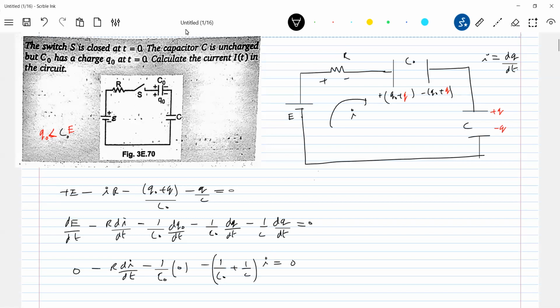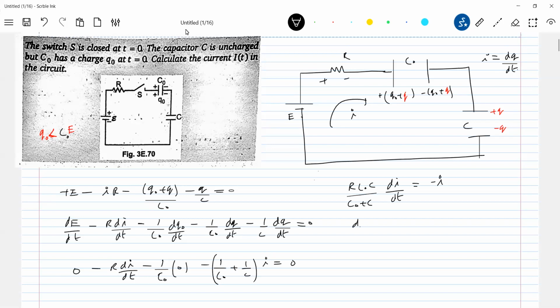So this will be R C naught C by C naught plus C di by dt is equal to I is equal to minus I, right?